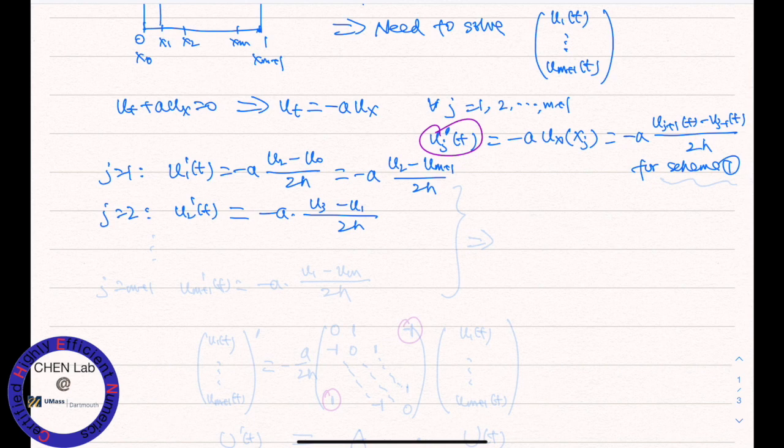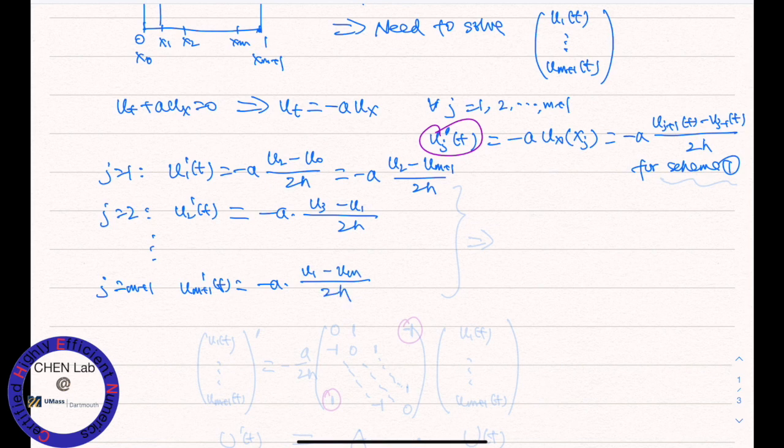So all the way to when j is m+1, we have u_{m+1}'(t) equal to negative a times: here you are going to get u_{m+2}, which is j+1. u_{m+2}, with u_{m+1} like 0, so moving one more point to the right is like 1. So it's u1 minus the left point of u_{m+1}, which is um, divided by 2h, okay?